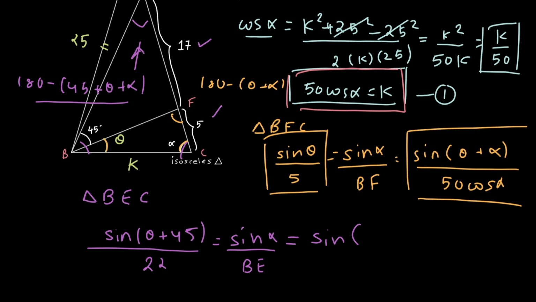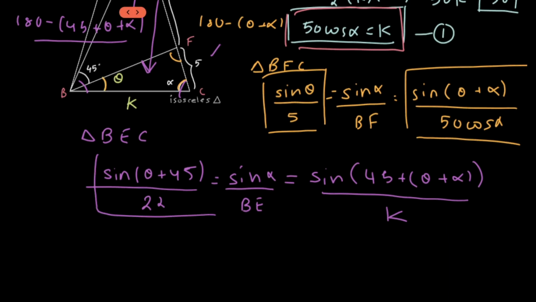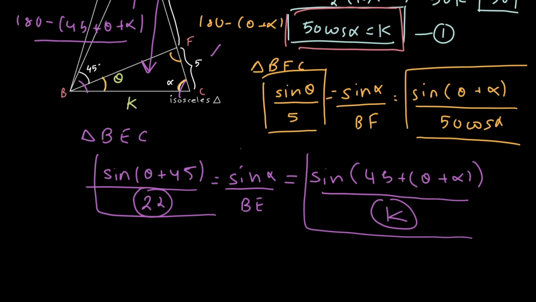And as I told you, the identity sine of 180 minus angle A is sine of angle A. So here also sine of (45 plus theta plus alpha), so I will just write it as a bracket. Okay, and this is divided by the opposite side, that is equal to k. So here we have the ratio. Now again I will compare this with this one because the denominator part contains something very nice except this one.